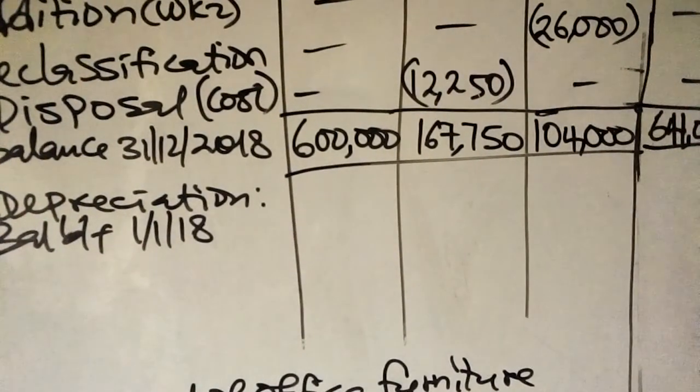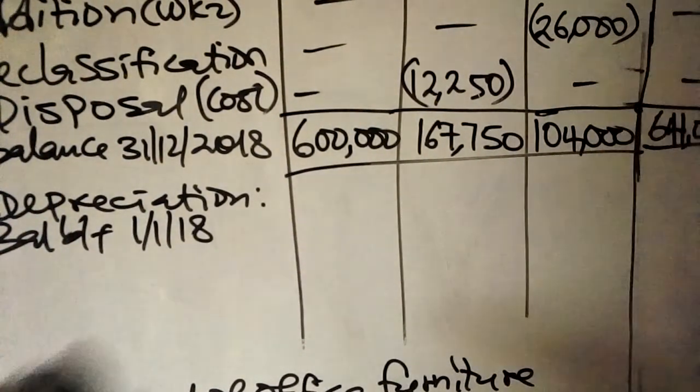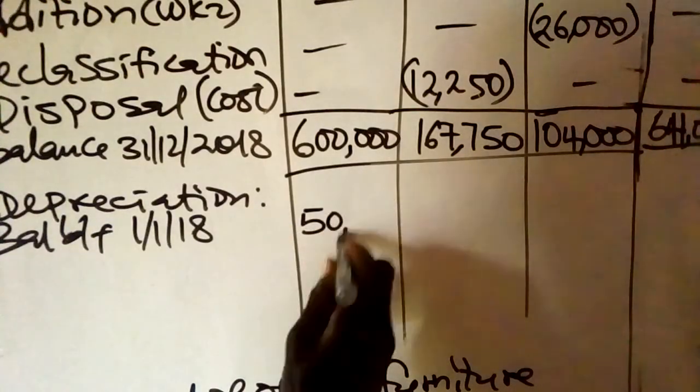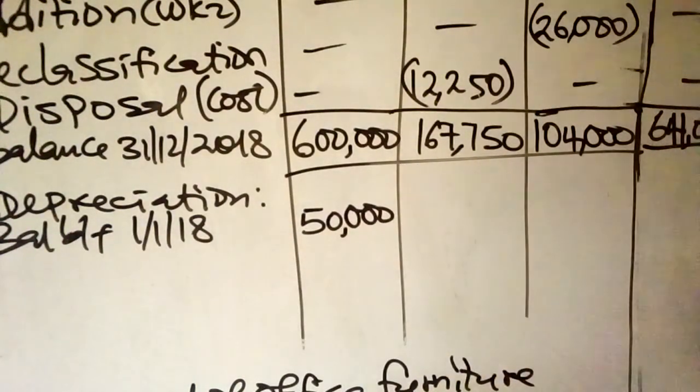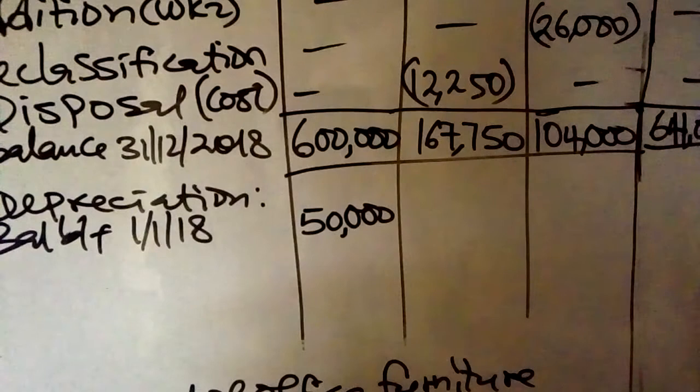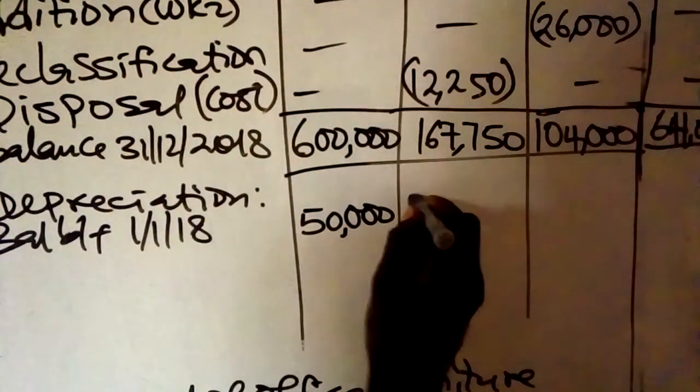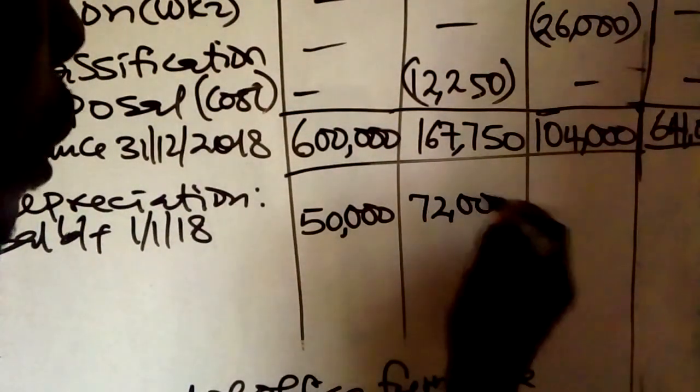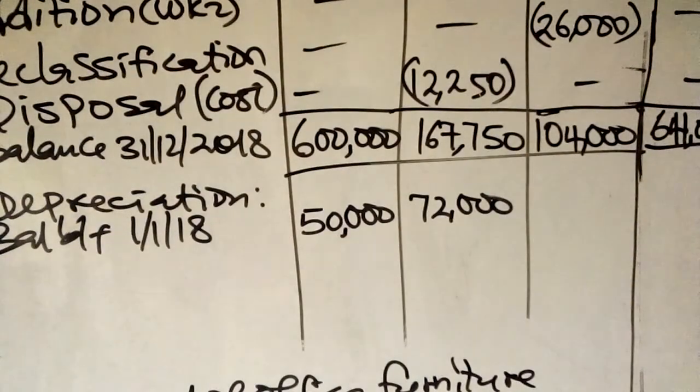So we have for land and building 50,000. Then 72,000 for furniture and fittings. 65,000 for office equipment.